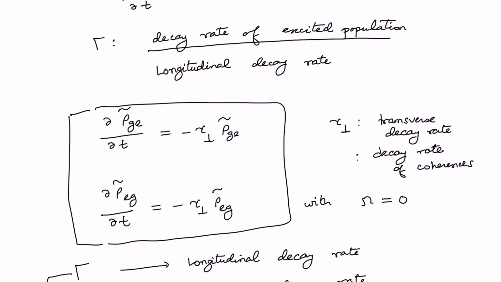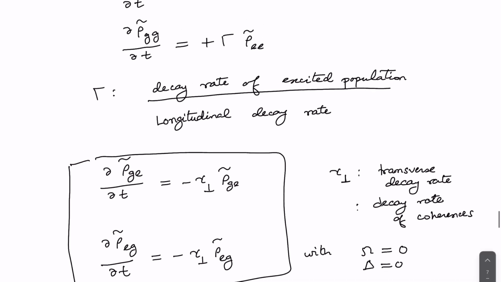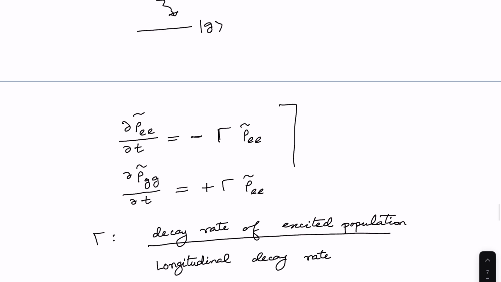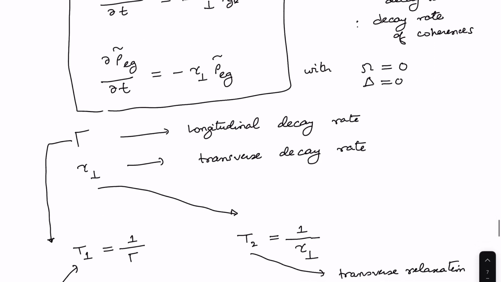That means capital Omega is equal to 0, and I am also considering the resonance condition, that is delta is equal to 0. Similar is the case here. I am writing this equation when there is no interaction with the light field, that means the Rabi frequency is 0 and the detuning delta is equal to 0, obviously because there is no classical field, small omega, present.